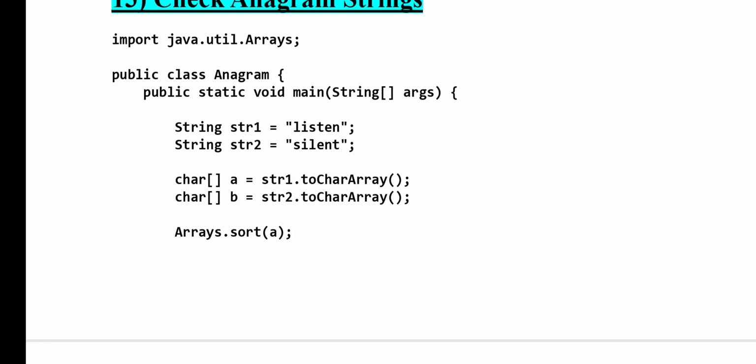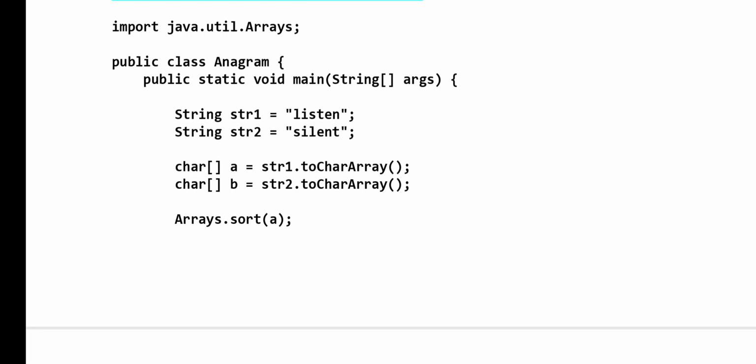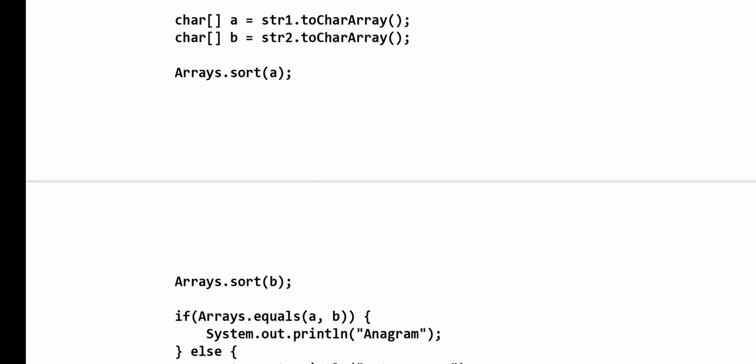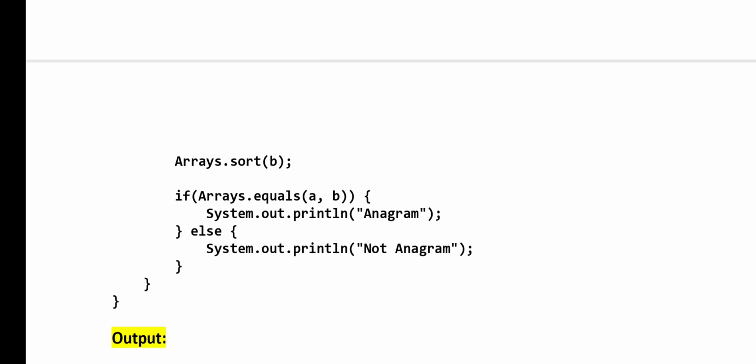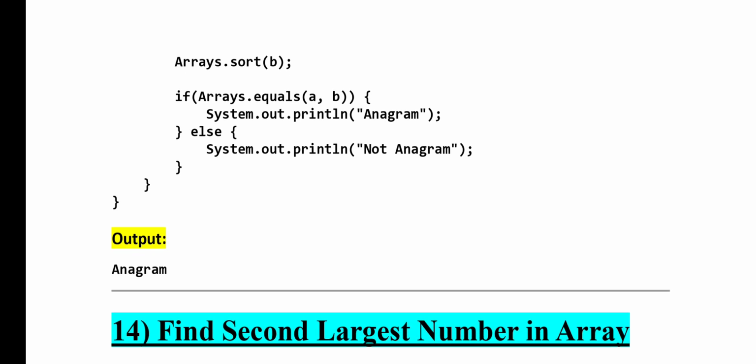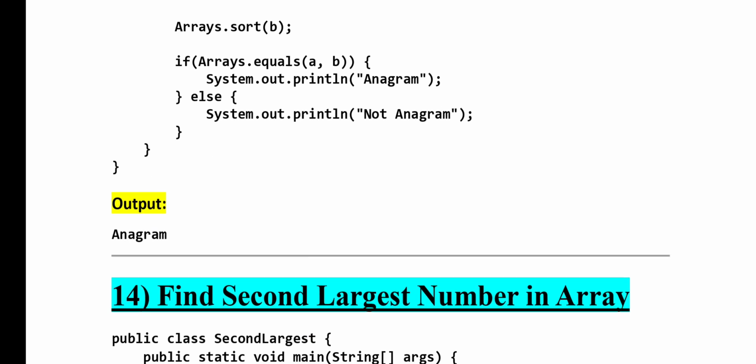You can see the characters are similar in both strings. They might not be in proper order, but using the characters of the same word, another word is formed. That is what we call an anagram. So this is also a simple and straight program where you can use the Arrays.sort method, and then easily write whether it is an anagram or not.